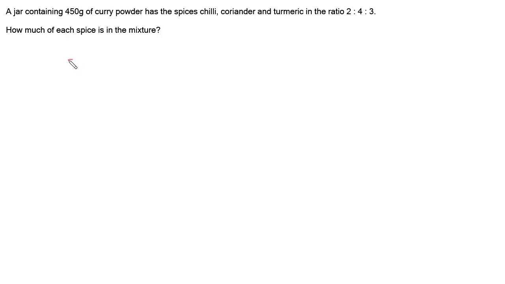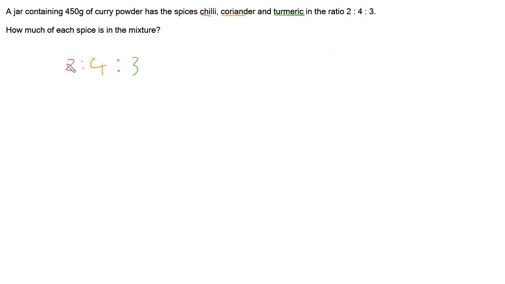We've got 2:4:3, and we've got the spices chili, coriander and turmeric. And our assumption, and it's the way these questions are worded, is that the chili, because it comes first, represents the first number. The coriander comes second, so it's the second. Turmeric comes third, so it's third.